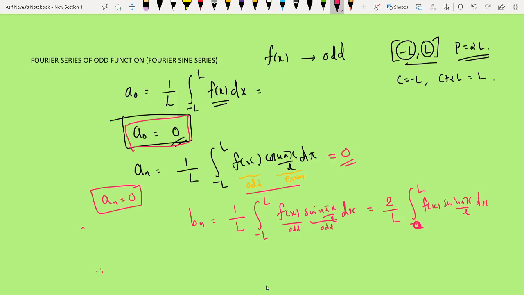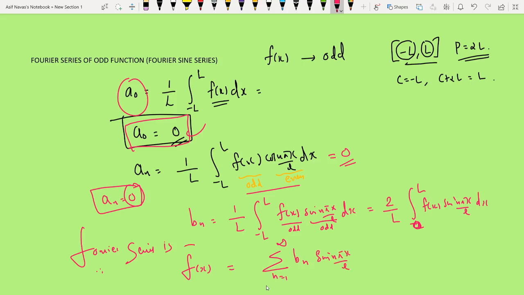Therefore the Fourier series is f of x is equal to, a naught is 0, right? A naught is 0 and an is 0. So we will get sigma n equal to 1 to infinity bn sin n pi x by L. So if the function is odd, then in the Fourier series there are only sine terms. So this is called Fourier sine series.